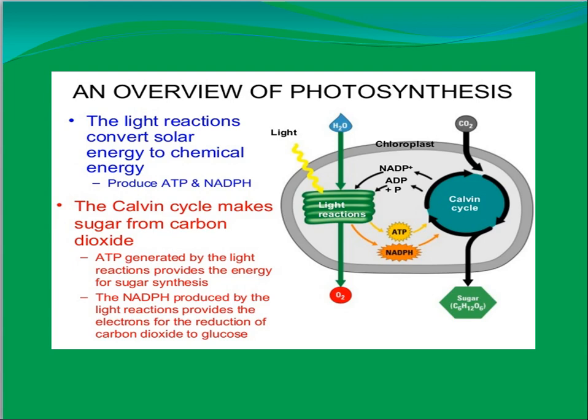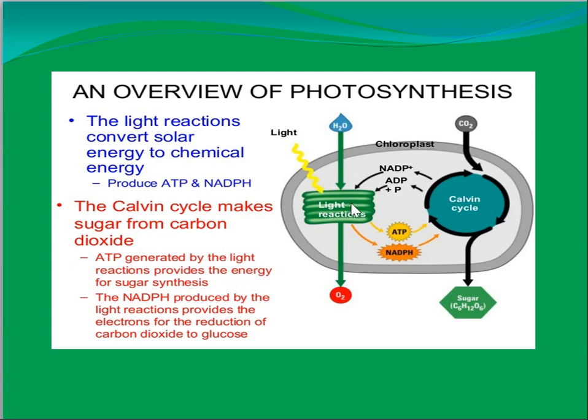The Calvin cycle makes sugar from carbon dioxide. ATP generated by the light reaction provides the energy for sugar synthesis. The NADPH produced by the light reaction provides the electrons for the reduction of carbon dioxide to glucose.